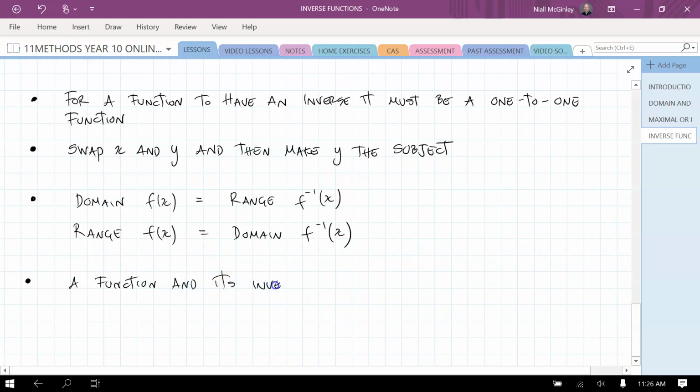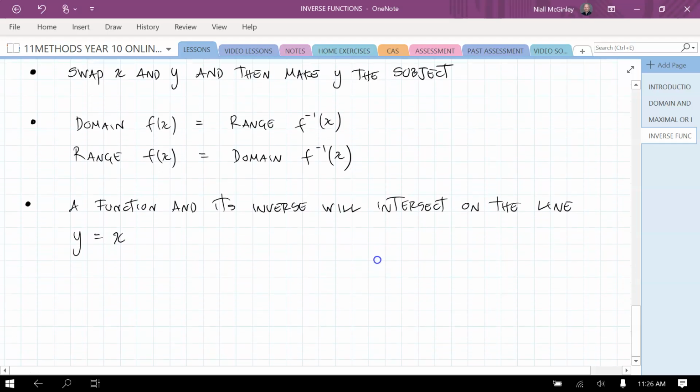A function and its inverse will always intersect on the line y equals x, and I'll explain that in a moment. So that's just the theory behind it.